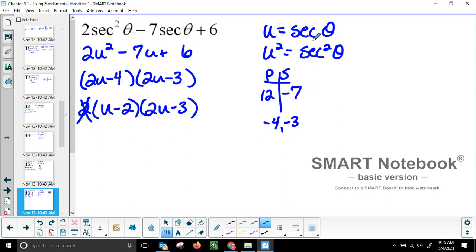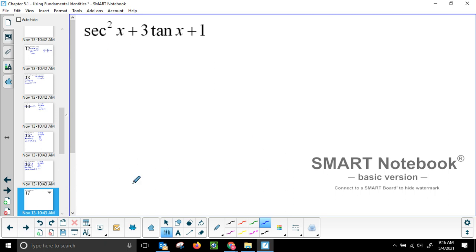Of course, I'm not dealing with u's, I'm dealing with secant theta. So this is secant theta minus 2 and 2 secant theta minus 3. And we are factored, we are done. Now what do we notice about this one that's different than the two previous we've seen?